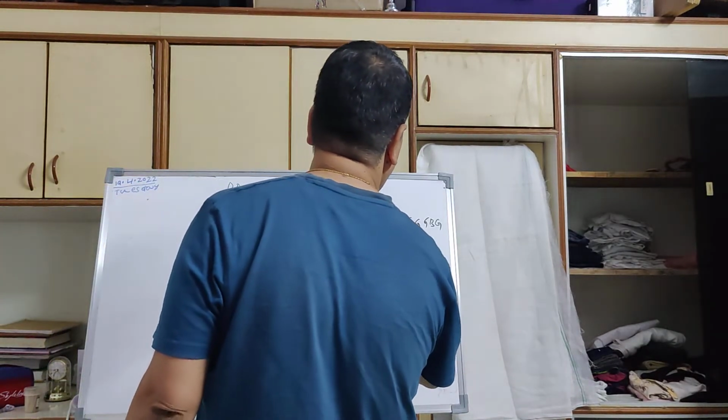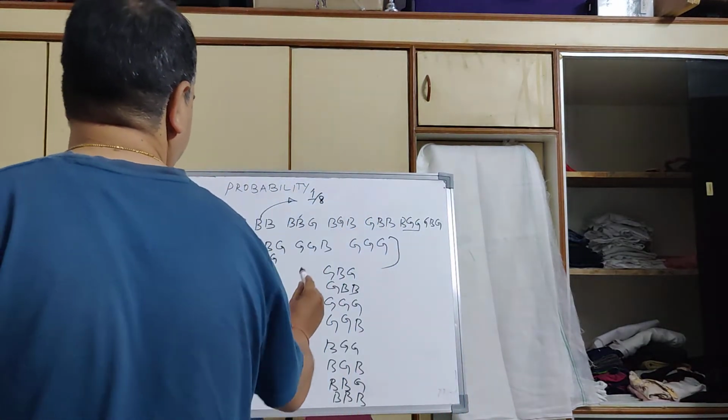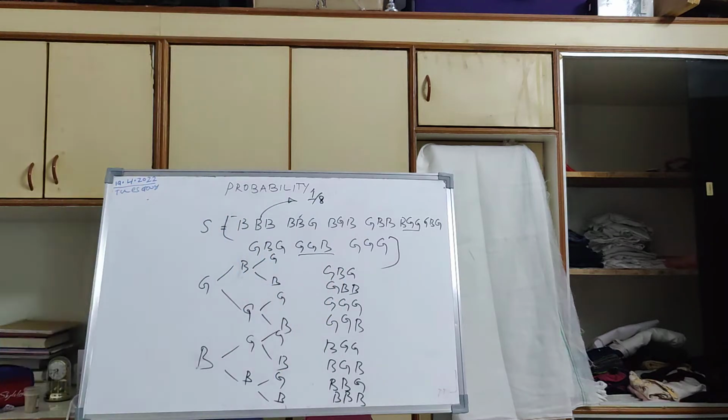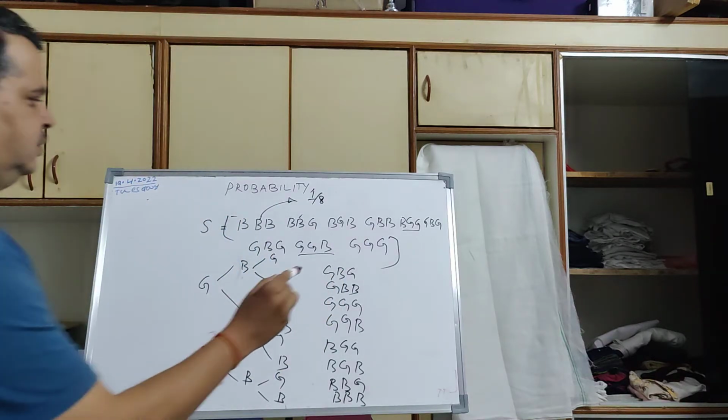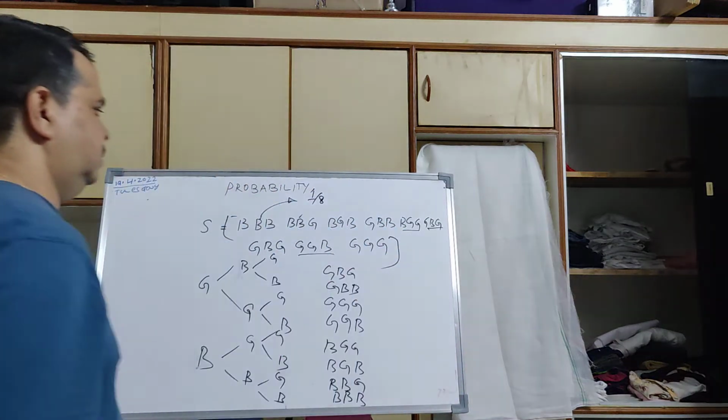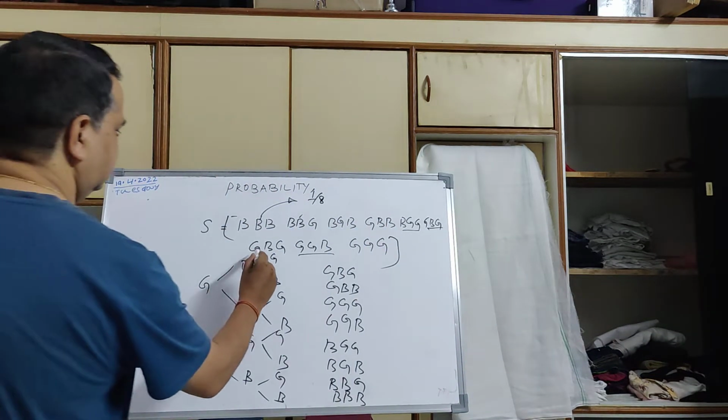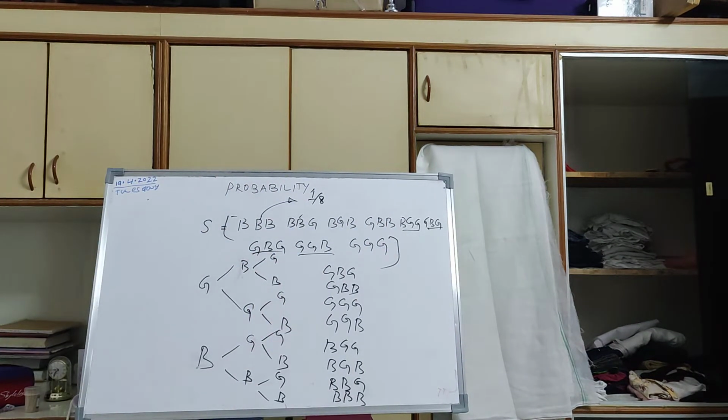This is one. The next one also is one. The next one, GB, is also one. Anywhere only one B. These are 4, so 4 by 8. Exactly one defective.